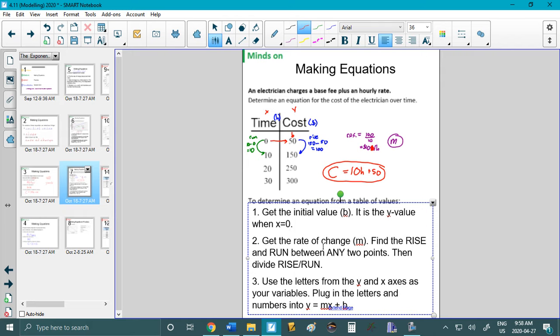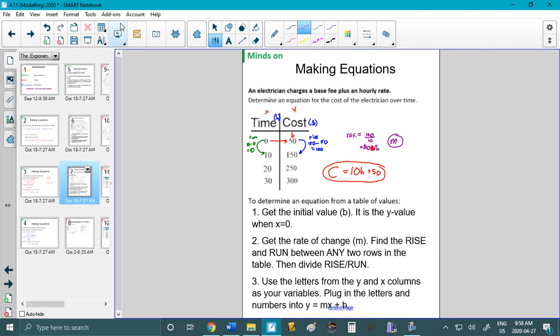Find the rise and run between any 2 points. Well, that's pretty much the same, but I'm going to say between any 2 rows in the table. Again, so similar. Instead of the letters from the y and x axes, use the letters from the y and x columns in the table as your variables, plug in the letters, and you're done.